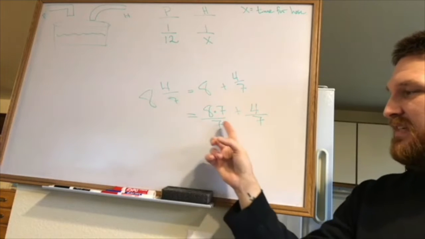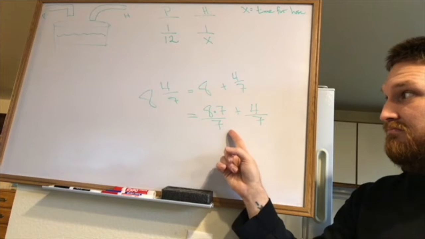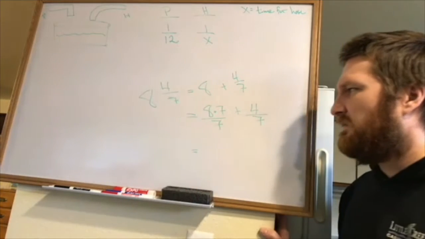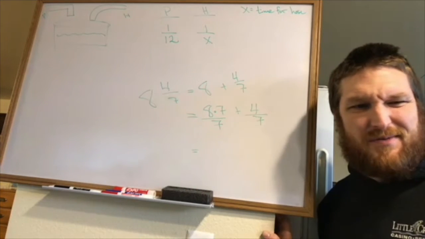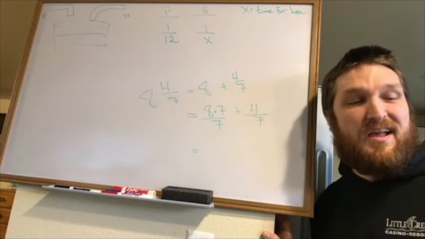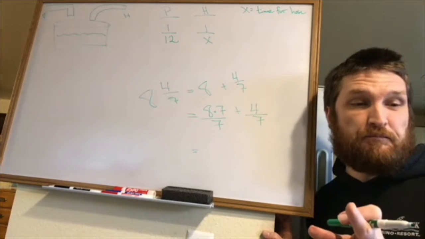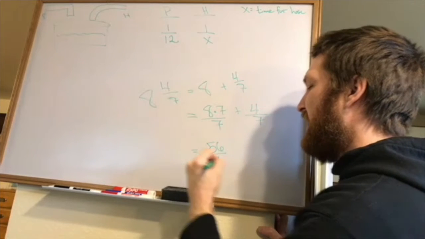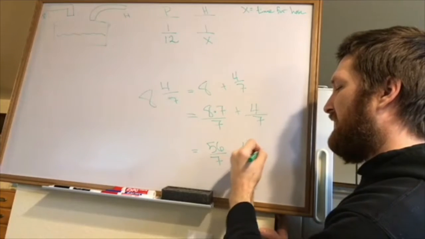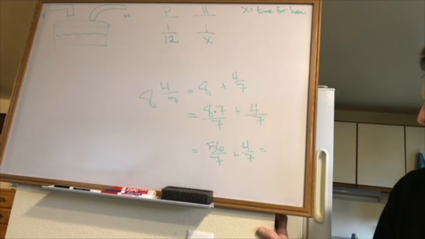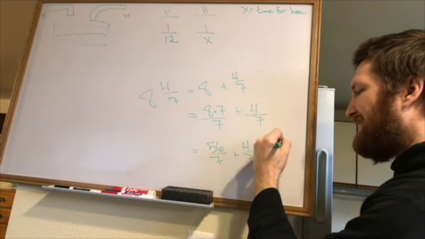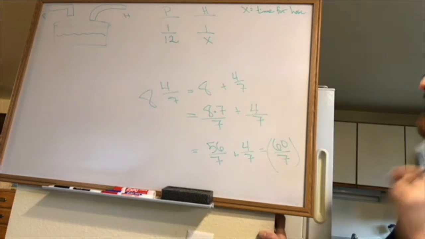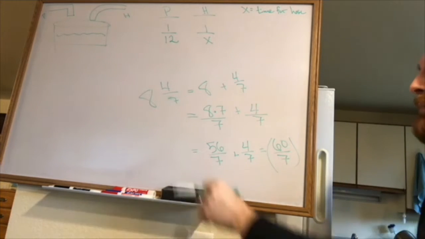So what is 8 times 7? 56. Okay. So 56/7 plus 4/7 is how many sevenths? 60. So 60/7 is the time it takes for both of them to do the job together.